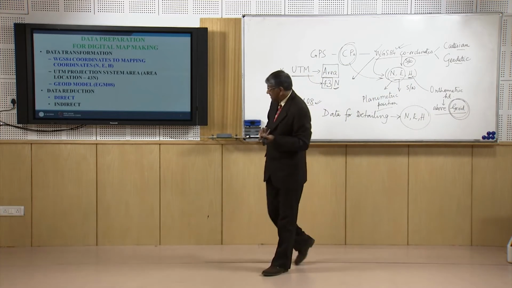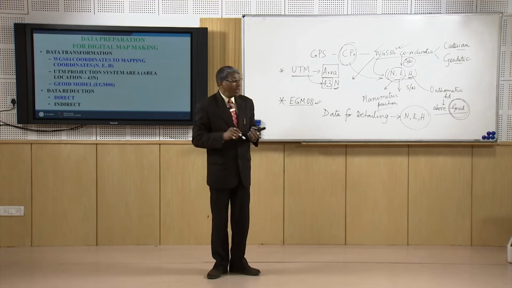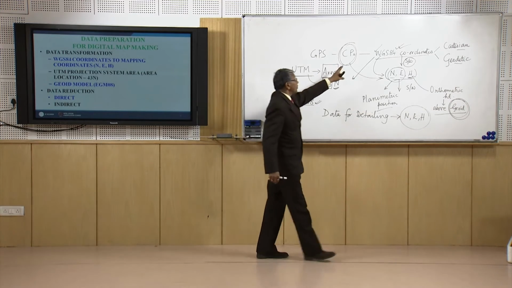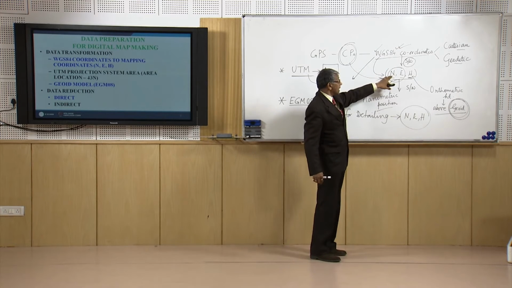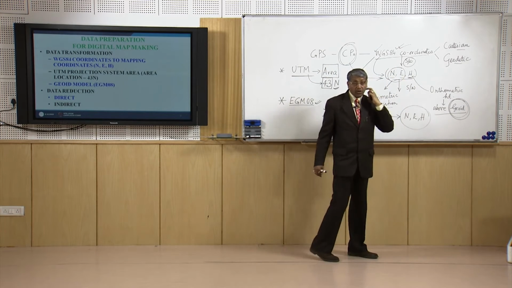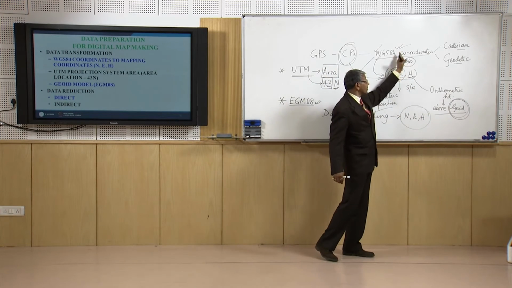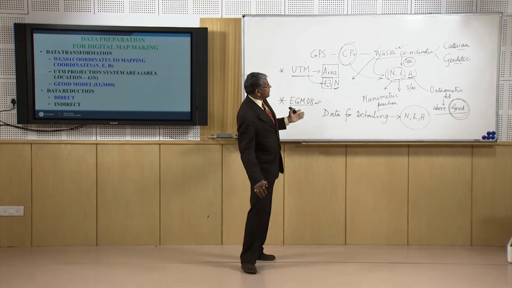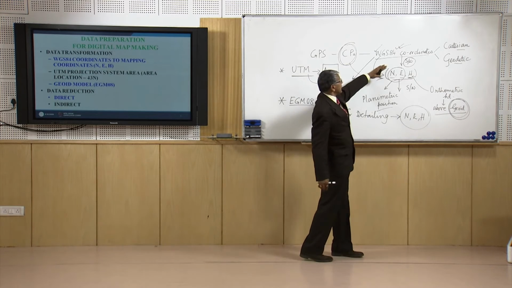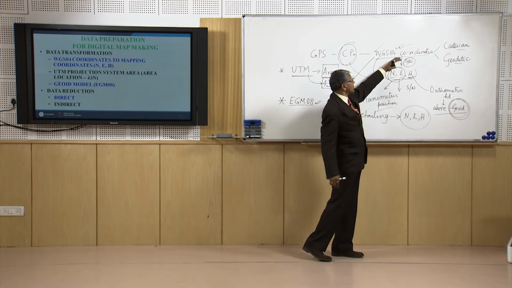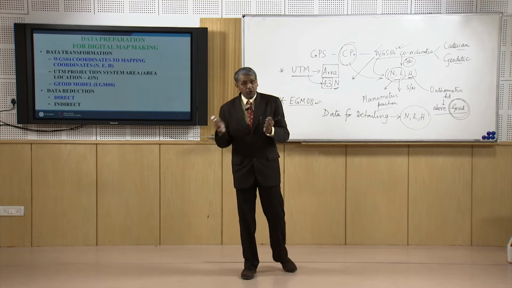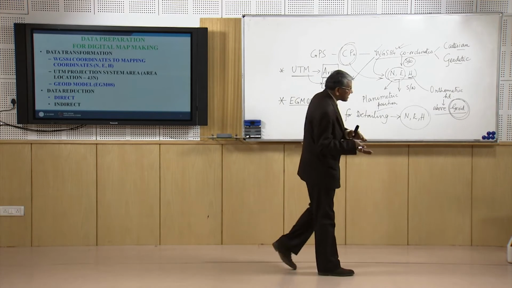Now, in some cases it may not be possible to provide the position of control points in terms of northeast height, because it needs some software to convert from WGS84 coordinates, and maybe during the field work you will need to carry out your total station surveying, sometimes before control point establishment, sometimes simultaneously.